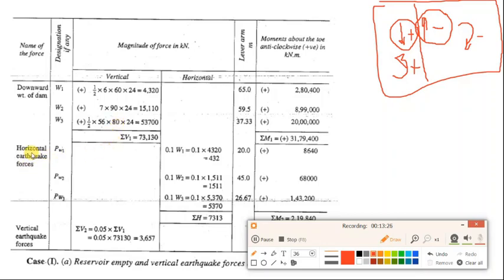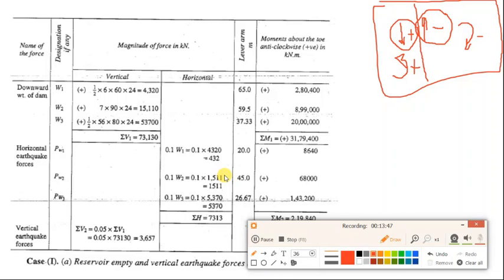Similarly, the horizontal earthquake forces. The horizontal force is 0.1 W1, so 0.1 multiplied by 4320 is this. Similarly for W2 it is 0.1 multiplied by 15,110, so this will give you 1511.